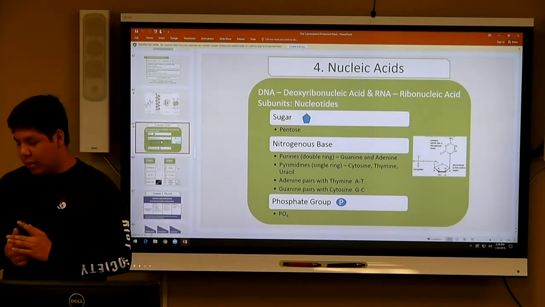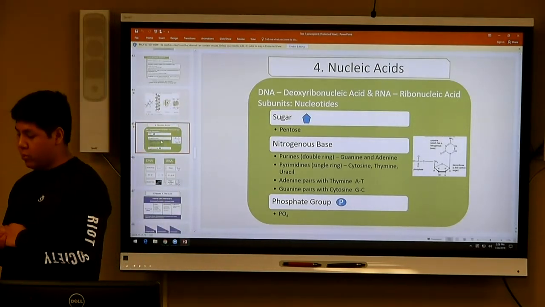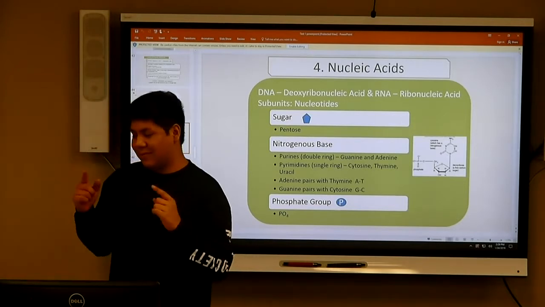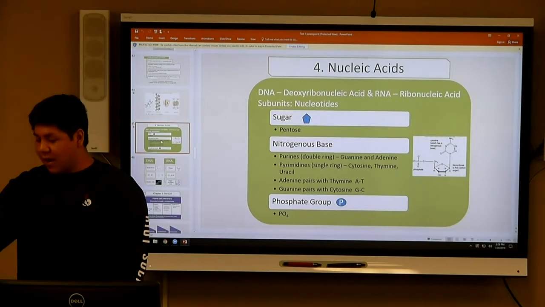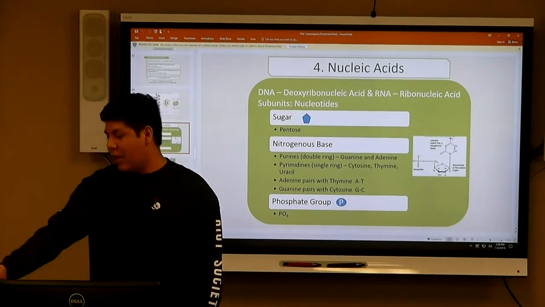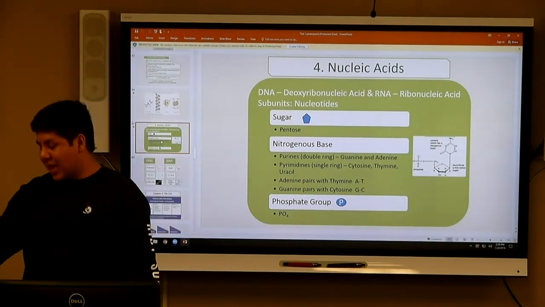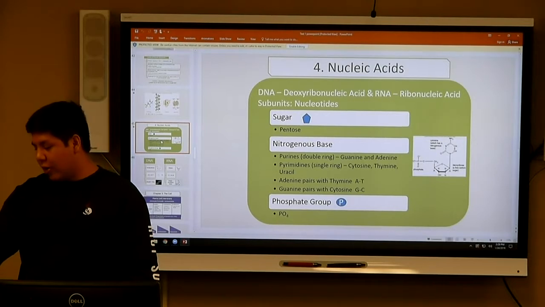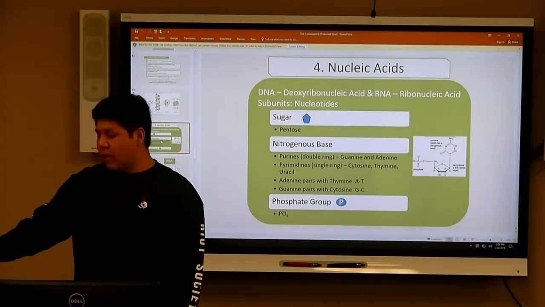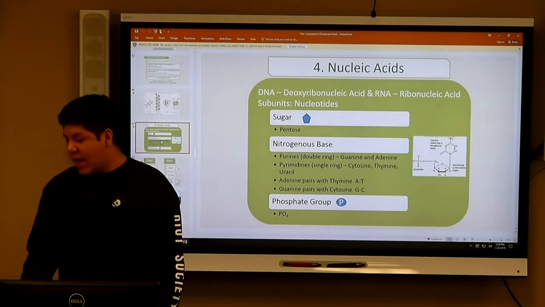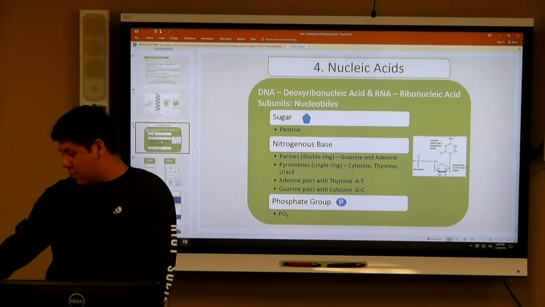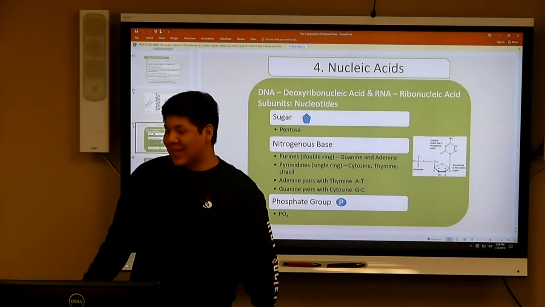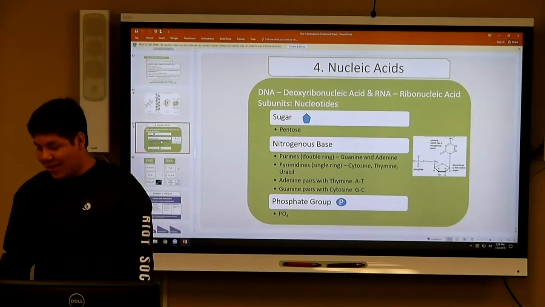The double-ring bases are purines, guanine and adenine. The single-ring bases are cytosine, thymine, and uracil. Adenine pairs with thymine and guanine pairs with cytosine.